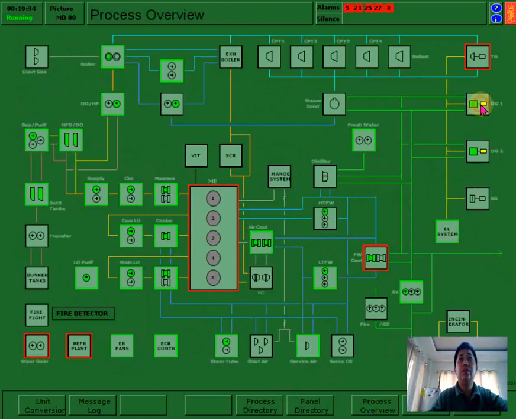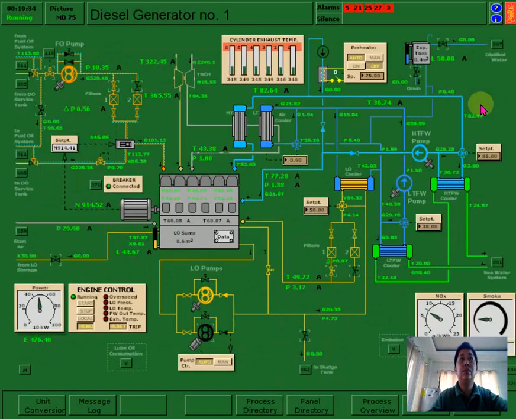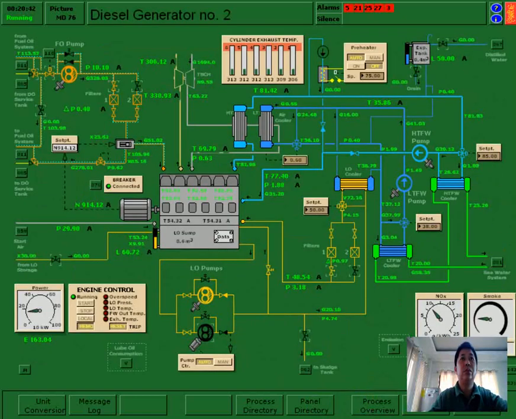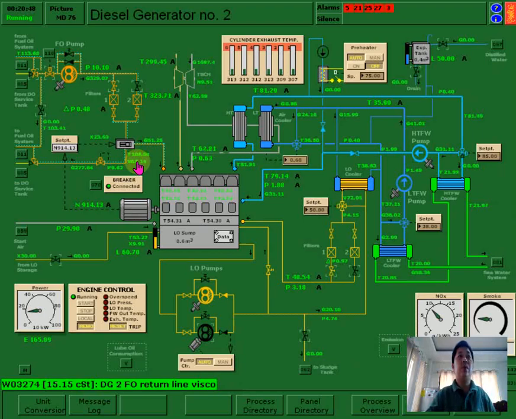DG1, 112. Now it's already 107, the digit of the fuel oil temperature.